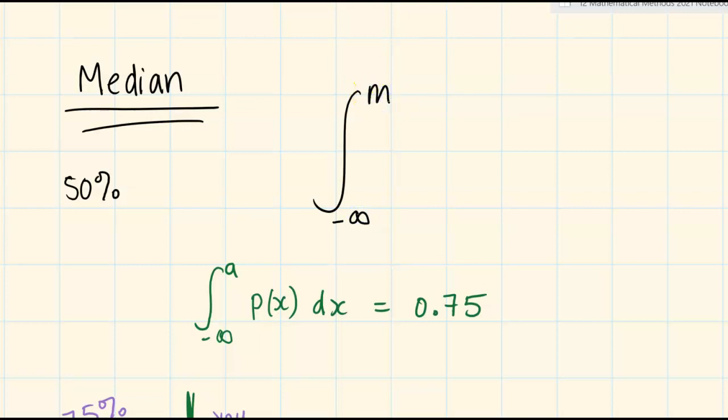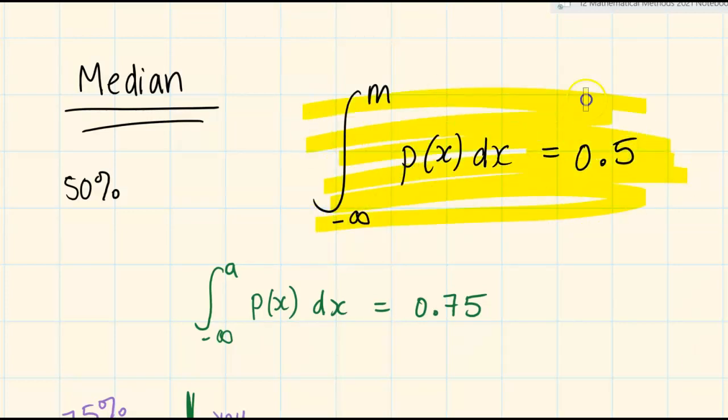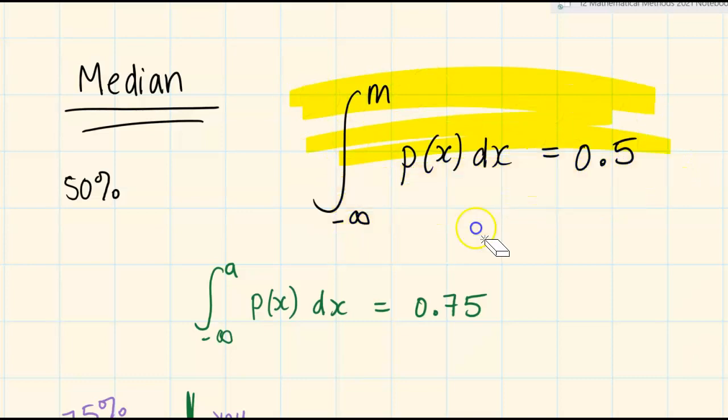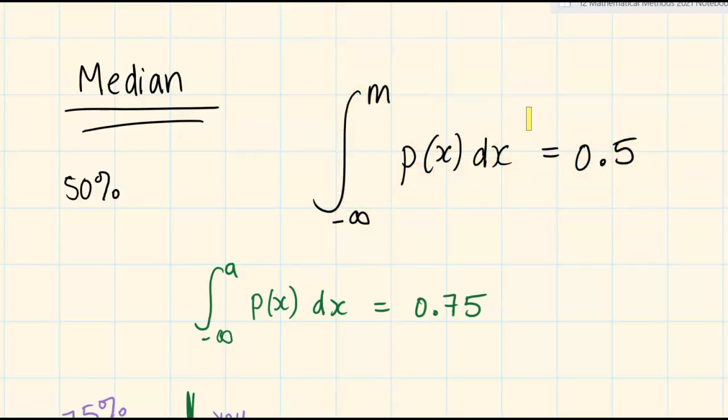Great. M, of our probability density function. We derive that with respect to x, and that integral should equal what percentage? 50%, so 0.5. So that is your final formula for this lesson, the median formula. You integrate and you make that integral equal 0.5 and you solve.